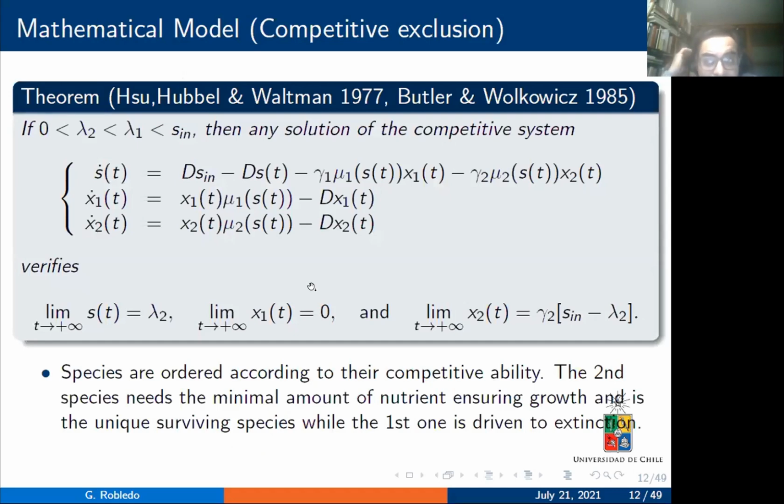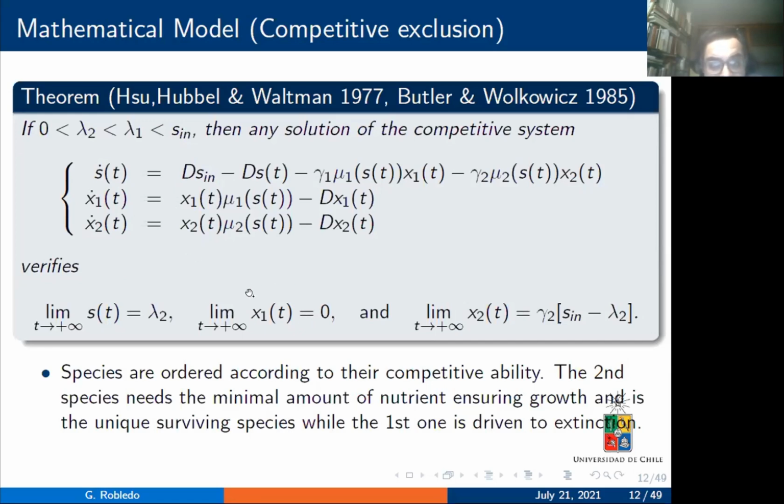Having in mind what is the break-even concentration, I want to explain the competitive exclusion principle in a chemostat context. If this inequality is satisfied, then any solution of the competitive chemostat has this asymptotic behavior. We can see that the nutrient concentration is convergent to this break-even concentration.